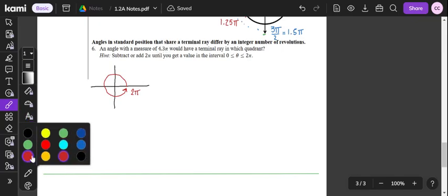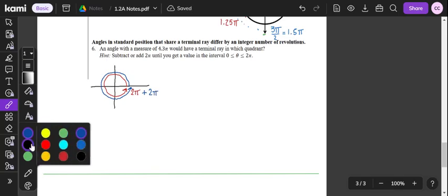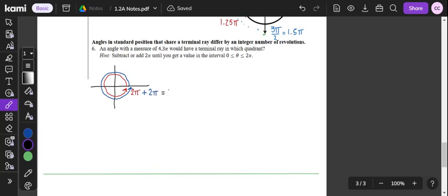So I can probably just keep going around another turn. If I go around again, that's another 2 pi. I've gone 2 pi and then another 2 pi. So far, I've gone 4 pi. So now I'm closer. I'm at 4 pi.